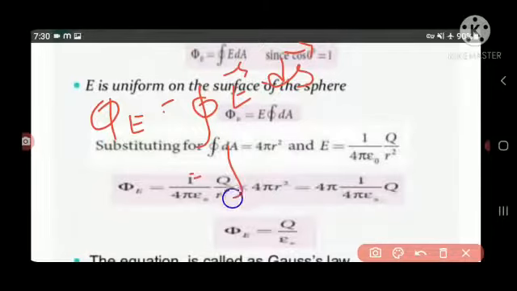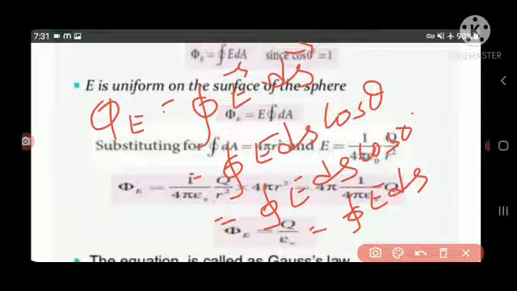So it is the integral of E ds cos theta. Now if ds and E are acting in the same direction, then it is E ds cos 0. Now the value of cos 0 is 1. So it is the integral of E ds. Now E comes out as a constant term. So phi E is equal to E times the integral of ds.